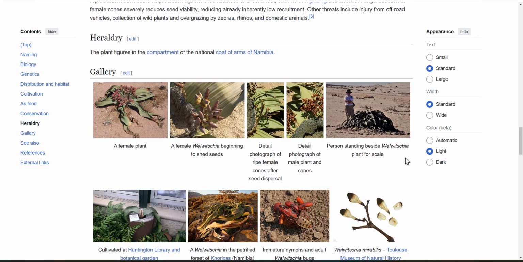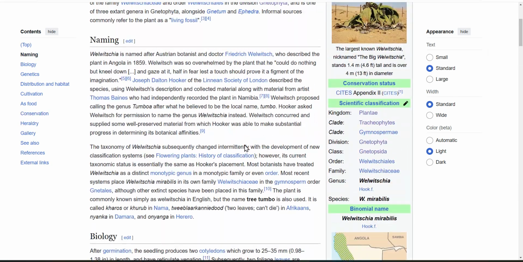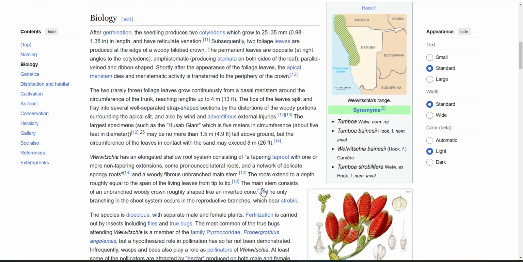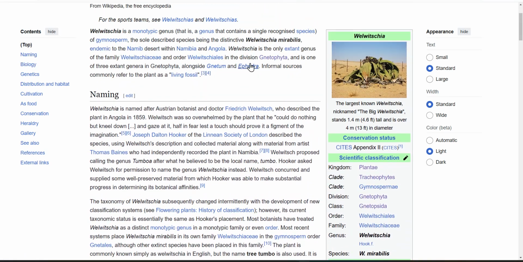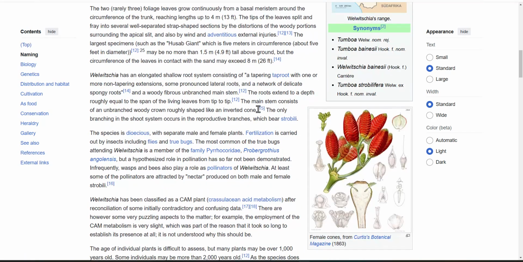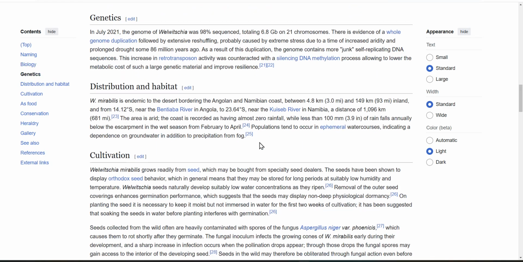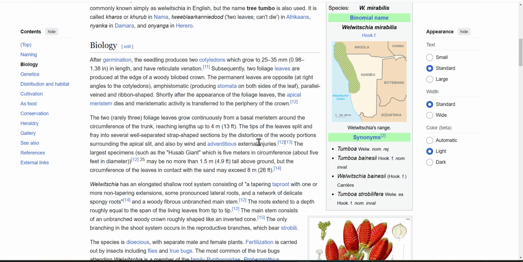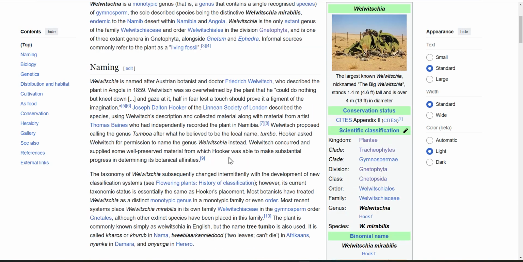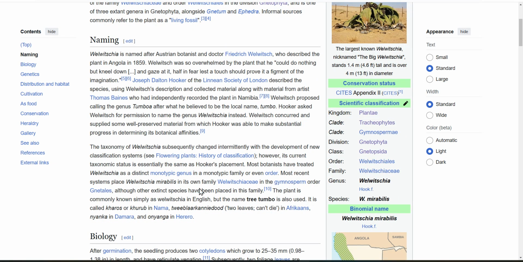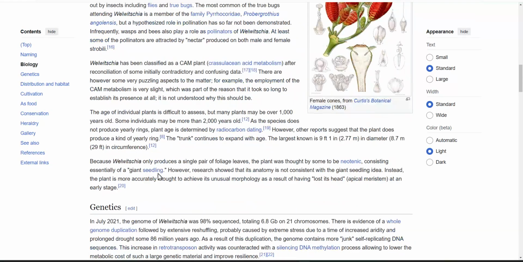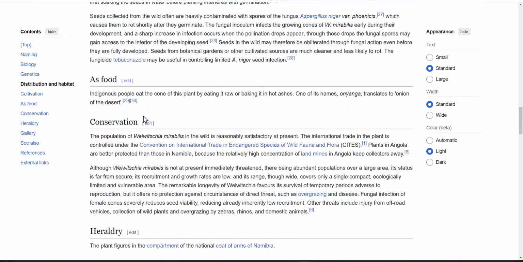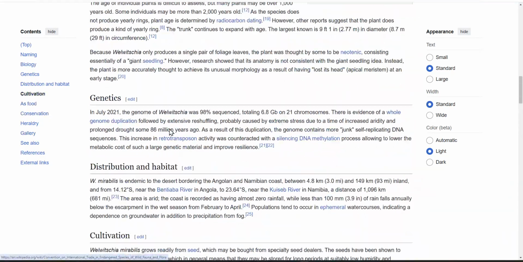Now, I did see it with my little eye here, something about the placement, but where is it? No sperm placed in this family. No, it's not biology. Cultivation, food conservation.